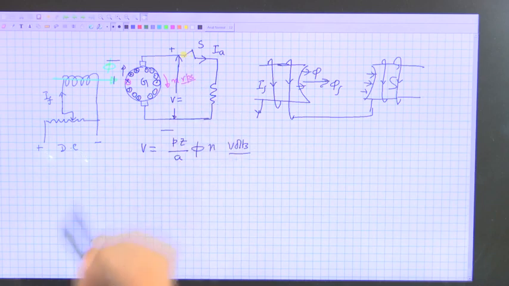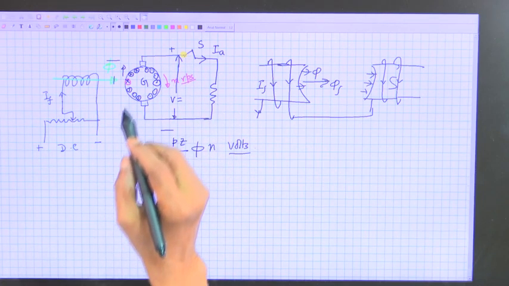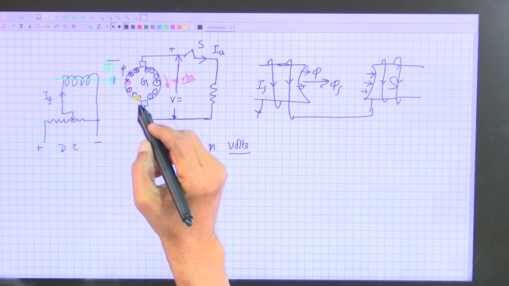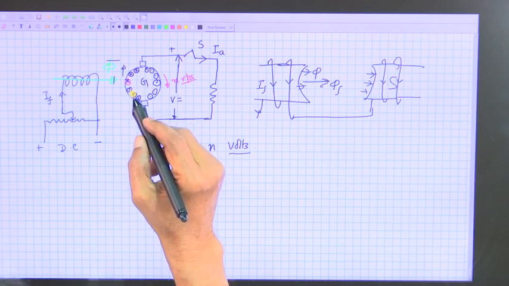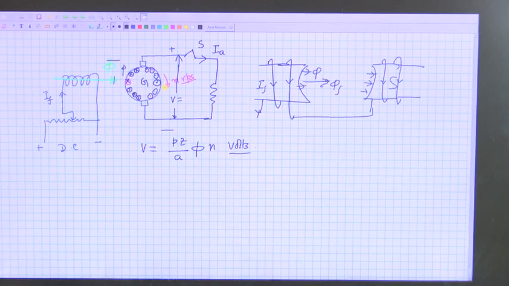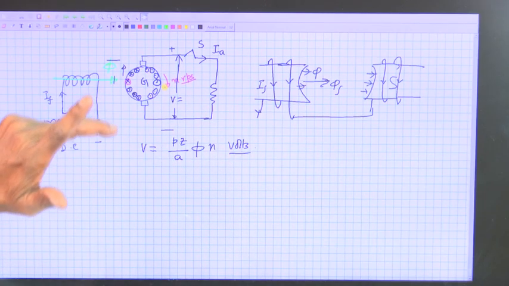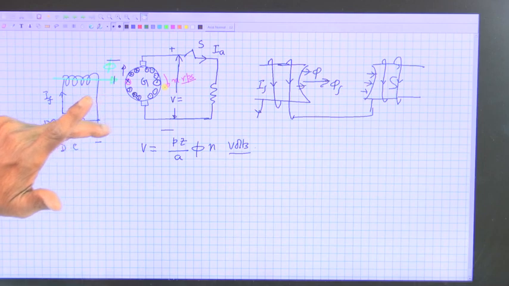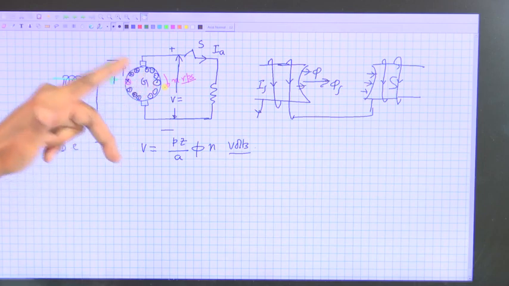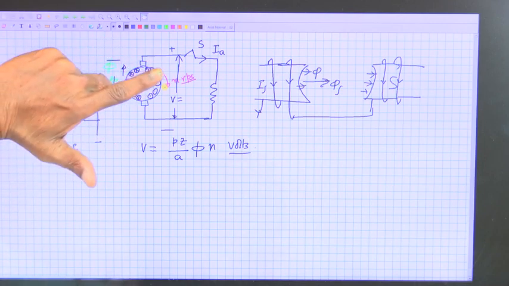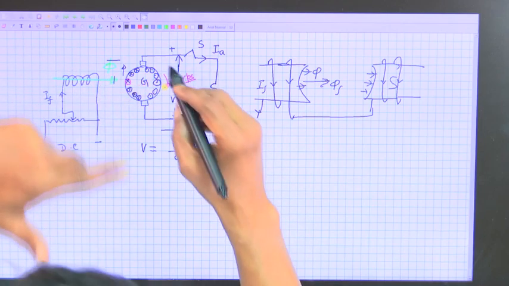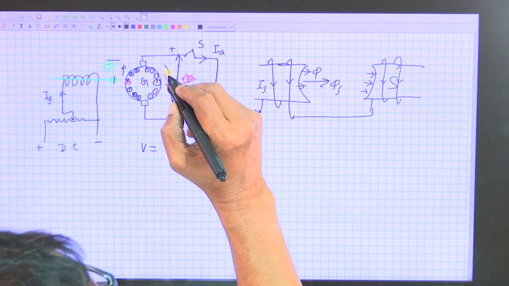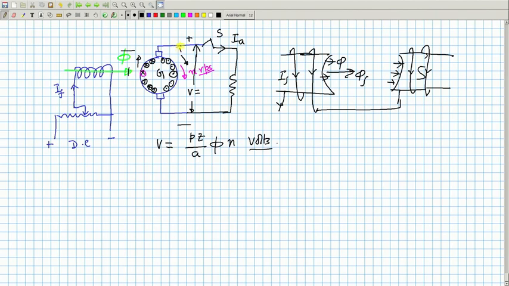Now, you close this switch. The moment you close this switch, you see there appears current in this direction, all the conductors here cross dot. If that be the case, then they will experience force, and once again I will apply right hand rule to find out the direction of the force. So, mind you, the prime mover is giving a torque in this direction, T p m, torque by the prime mover.